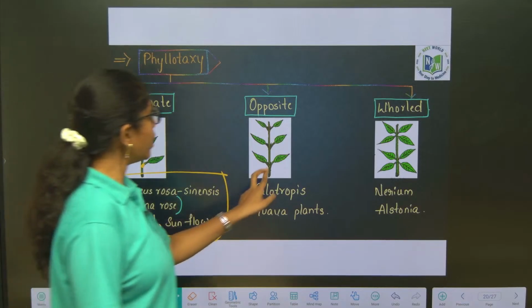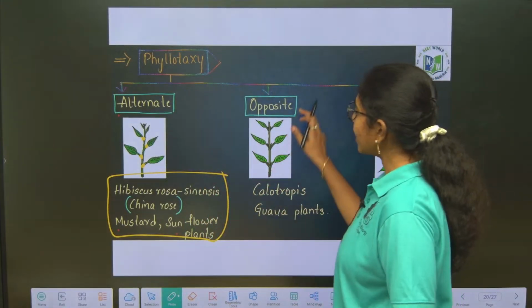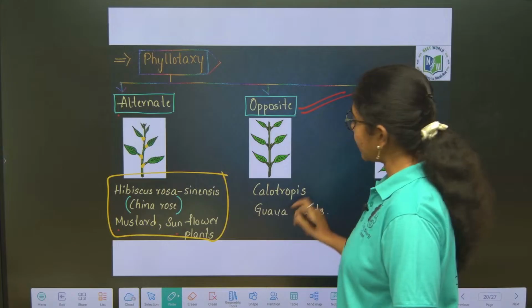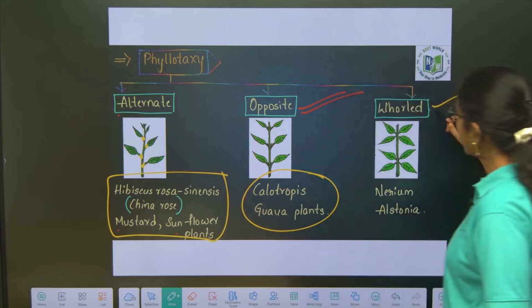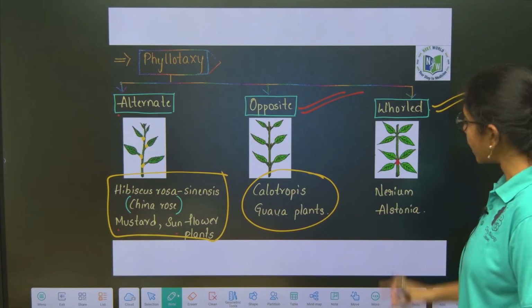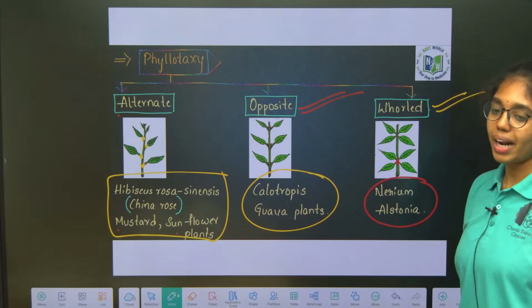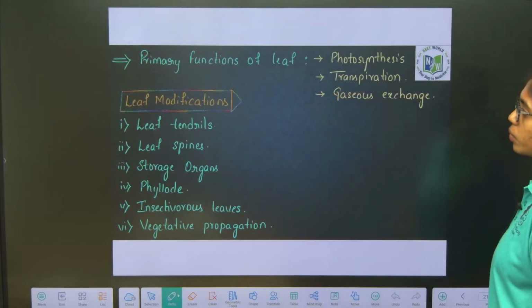If two leaves arise from each node, then it is called opposite phyllotaxy. Examples include calotropis and guava. Next is whorled phyllotaxy. At each node more than two leaves will arise. Examples include nerium and alstonia. So, these are the examples under phyllotaxy.